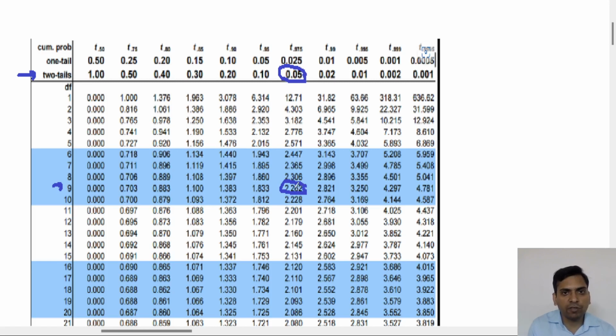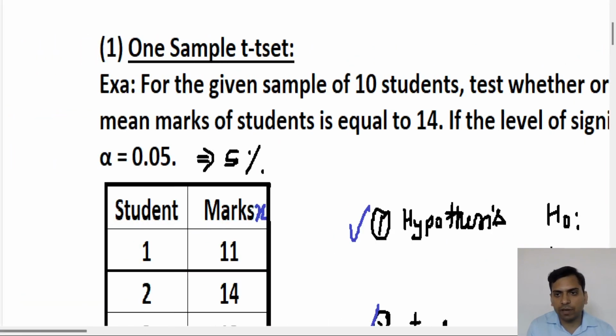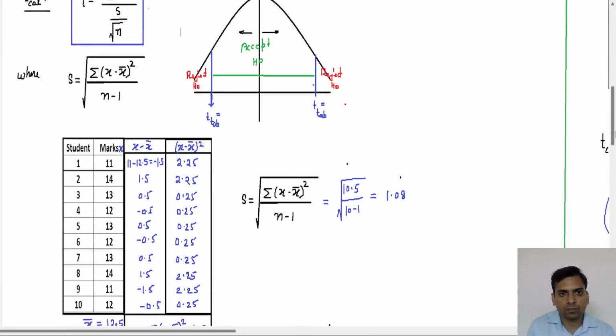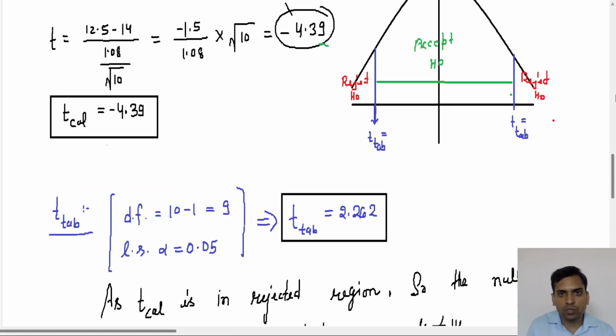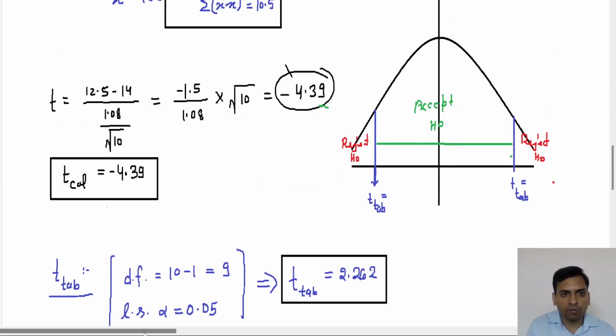At 9 degree of freedom, for two-tailed 0.05, this is 2.262. So this t tabulated value is 2.262. Now we will understand this concept of comparison.